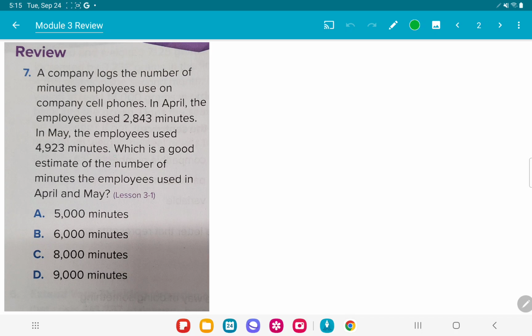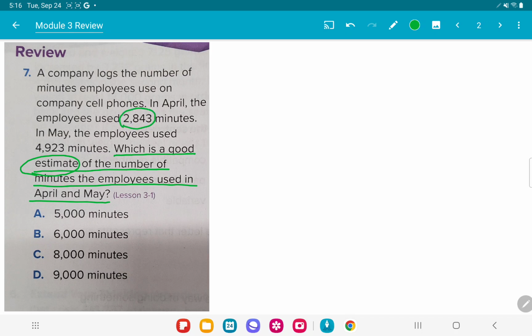So the question is asking us for a good estimate of the number of minutes the employees used in April and May. It tells us to estimate. We're not looking for an exact answer. We're looking for something close that we can quickly and easily come up with in our head.